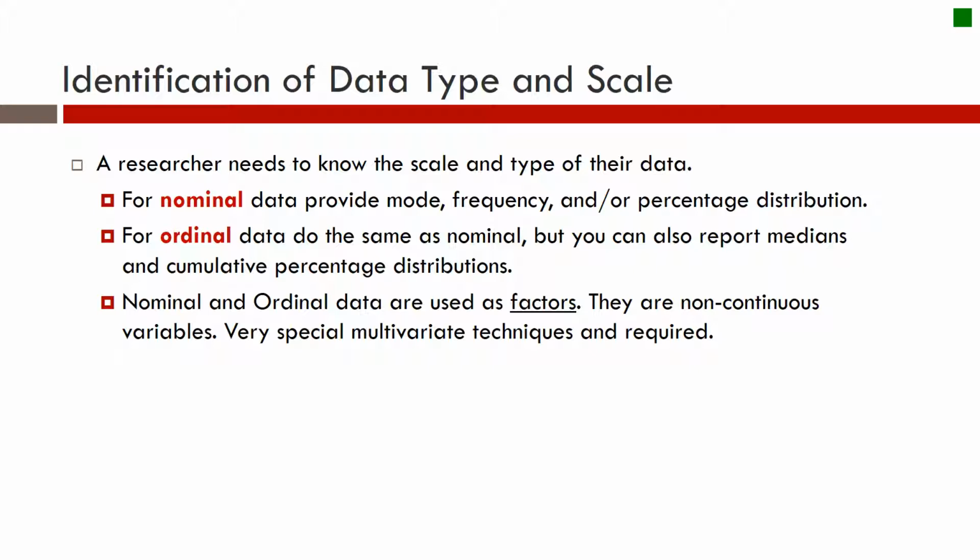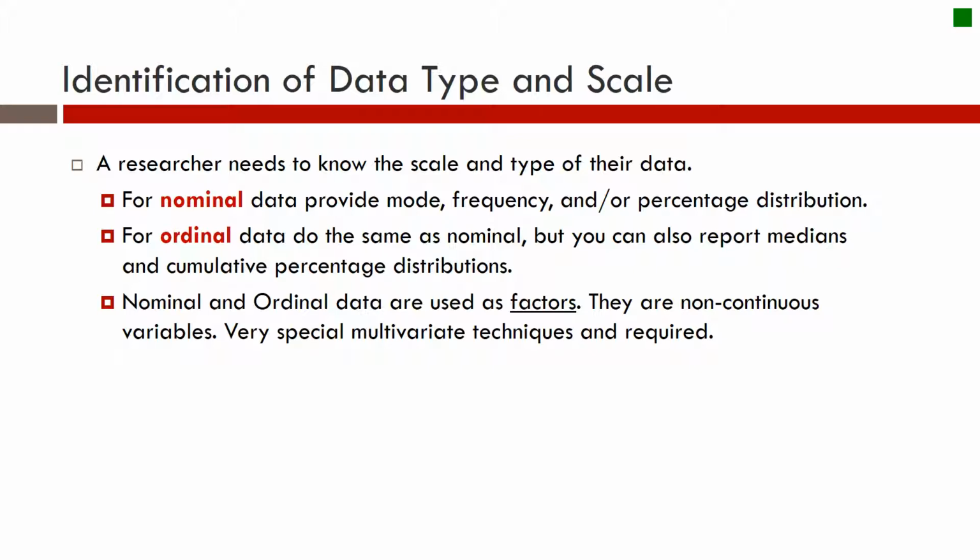When we talk about the central tendency of a variable, if it's nominal, then we think about mode and frequency, like what percentage of the respondents chose male, what percentage chose female, how many chose male, how many chose female. Those are counts, those are frequencies. Which were more, male or female, that would be the mode. That's the way we use this data if we're going to describe it.